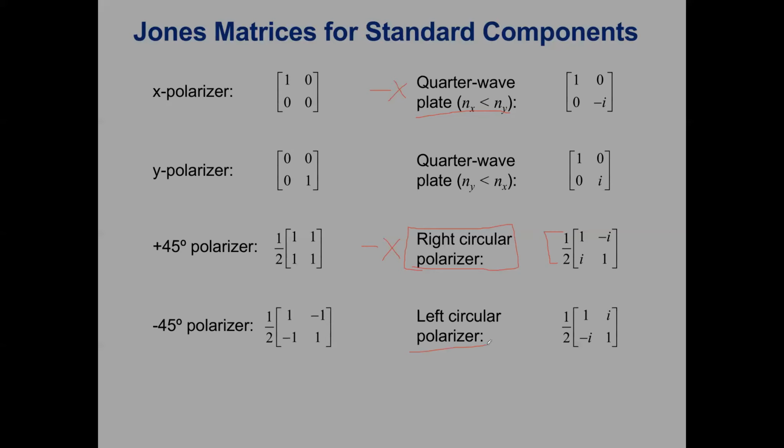Similarly with the left circular polarizer, we're totally blocking one of the components to give us circularly polarized light. Whereas here with the quarter wave plate, we're changing the phase on one of the components and we don't lose as much power. That's why the matrices are different. The end result will be circularly polarized light, but the overall magnitude would be different, which is what these 1/2s are modeling.